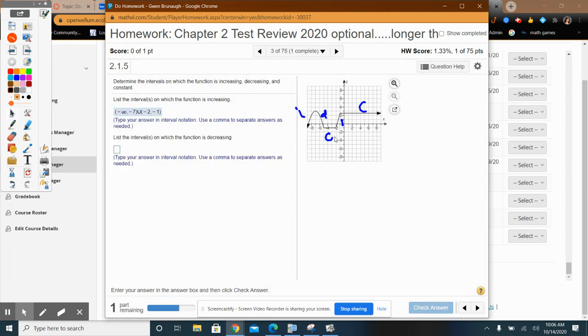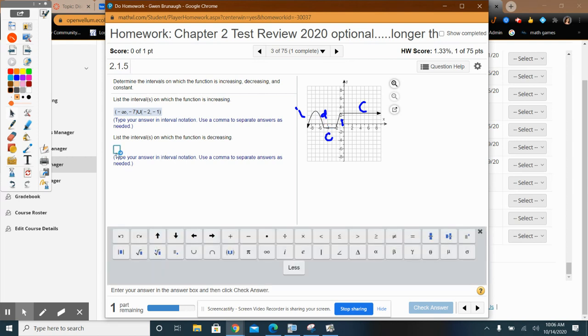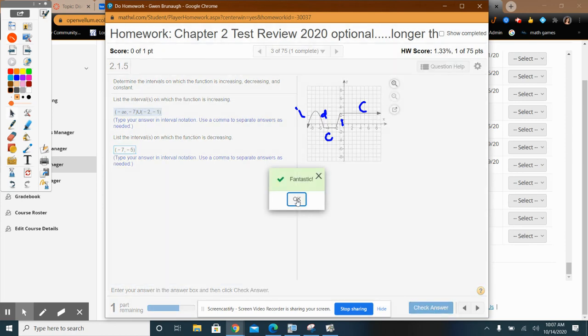Now they want the decreasing, and that's only this one piece here. So it picked up at the -7, and then it went to the -5, parentheses everywhere. It's always small number to big number. Don't forget that as well, and always the X values. And it's only decreasing in the one place.